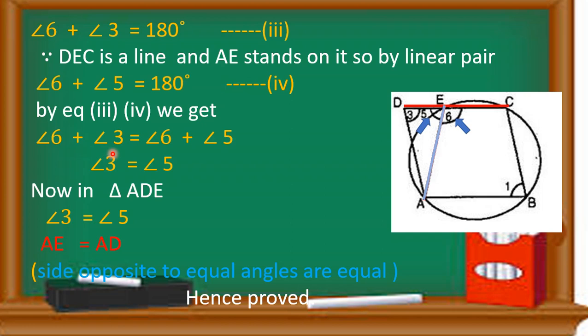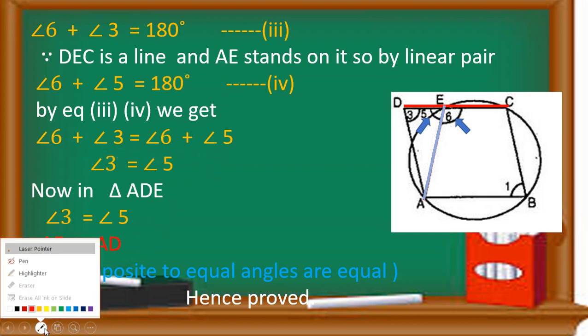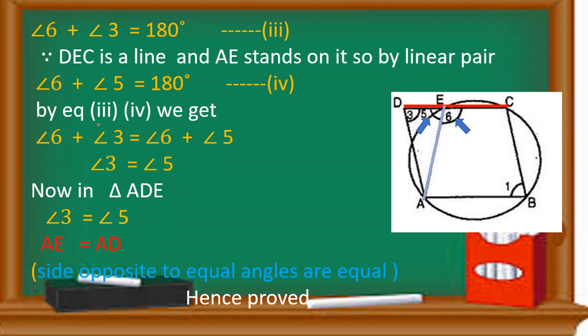Angle 6 plus 3 is equal to angle 6 plus 5, as both are equal to 180 degrees. Now in this equation, angle 6 is common, so it will cancel out. So we get angle 3 is equal to angle 5.